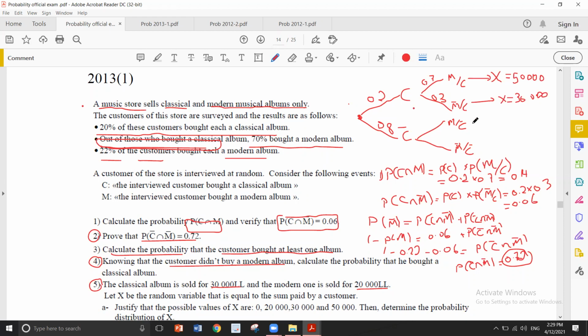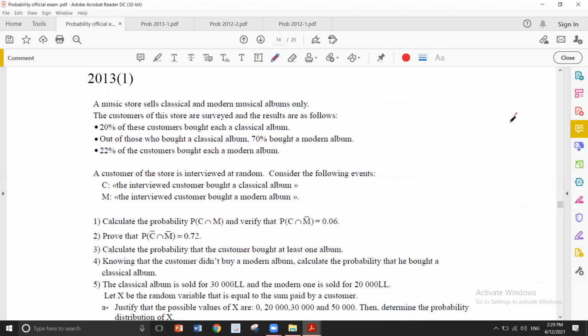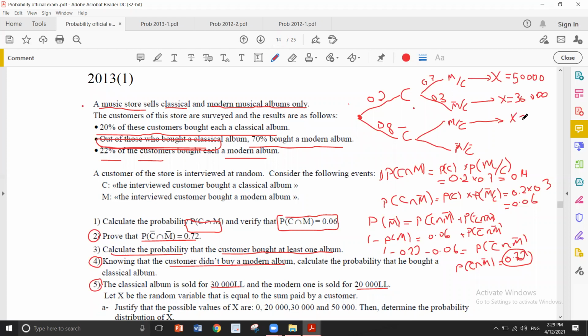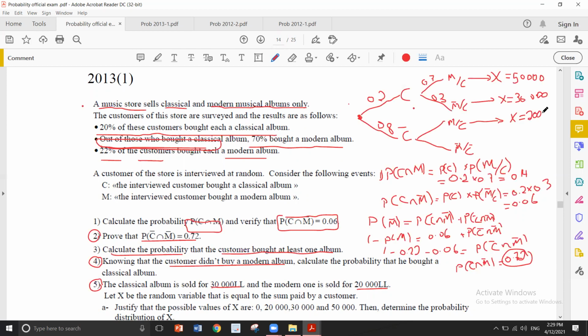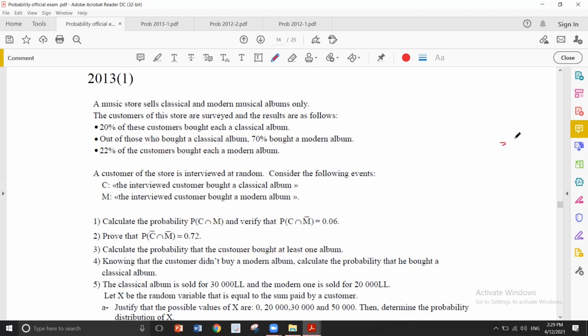Here no classical but modern, X equals 20,000. Nothing, then X equals 0.